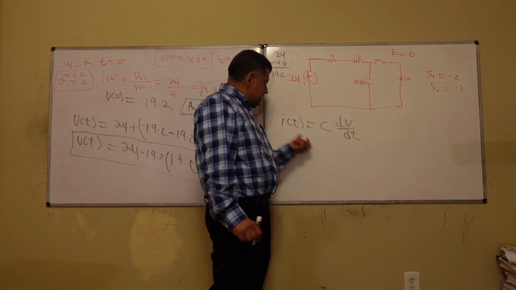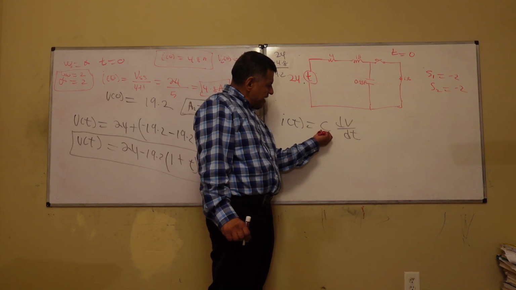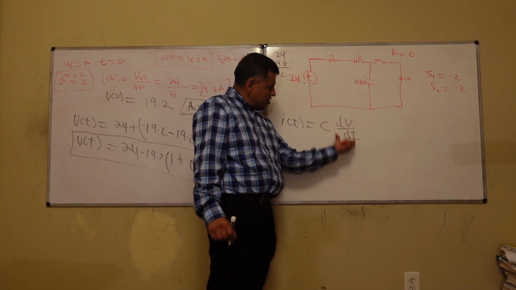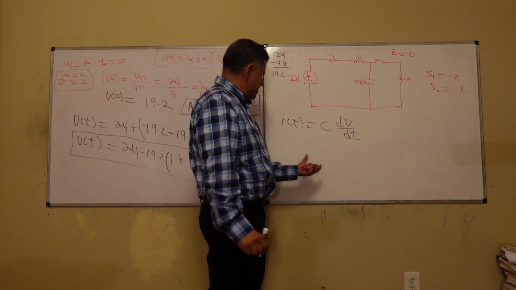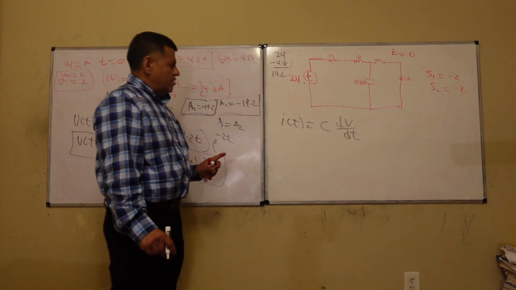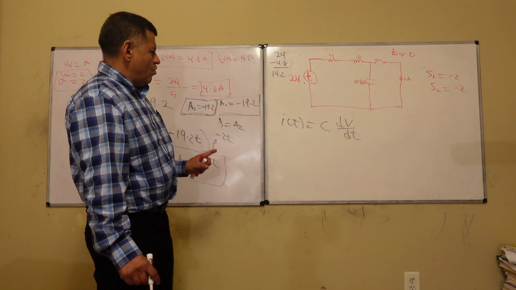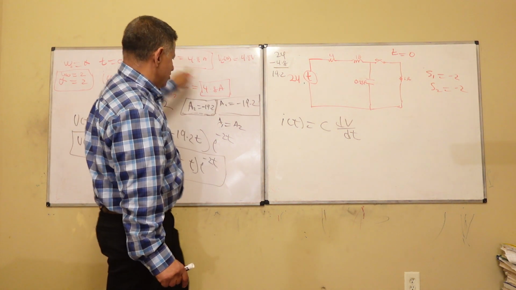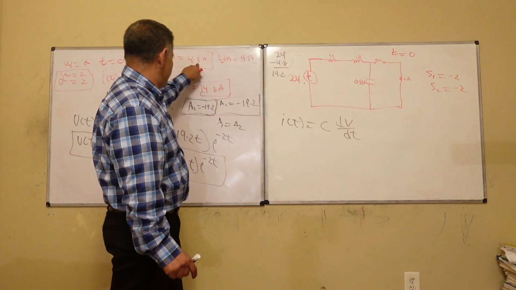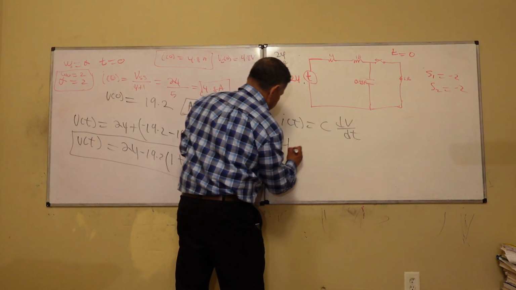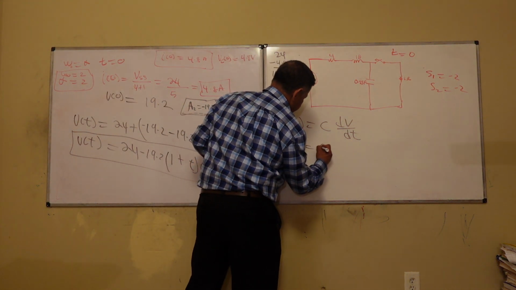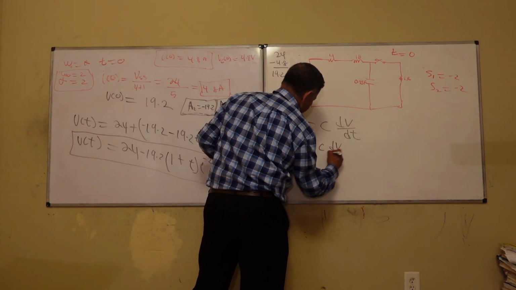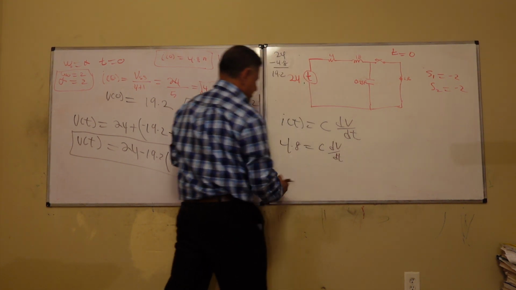I of t is equal to the capacitor multiplied by the change in the voltage. What we did, we found that at t equals 0, I was 4.8. So 4.8 is equal to c dv over dt.